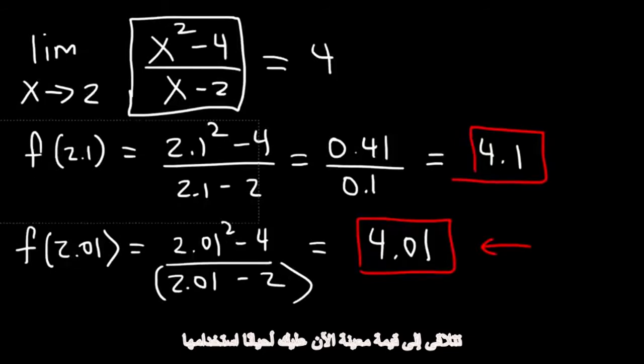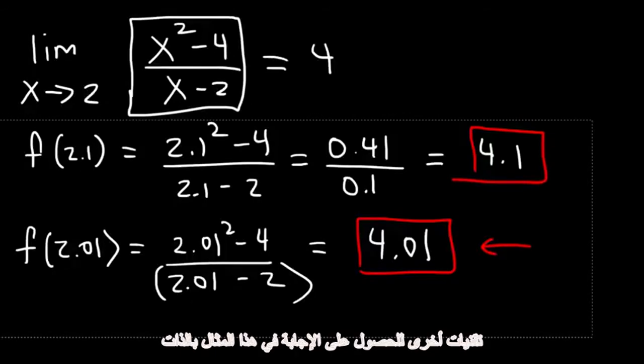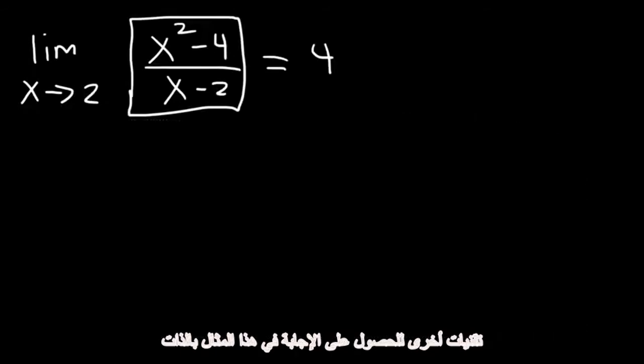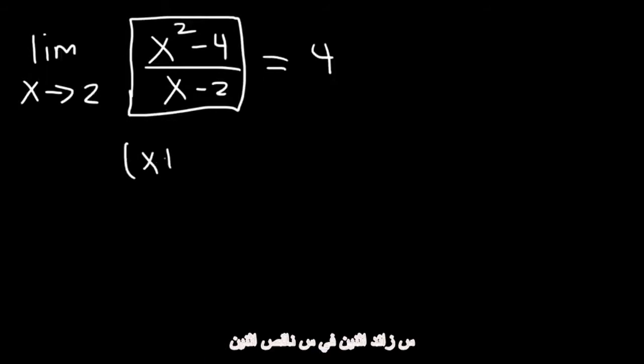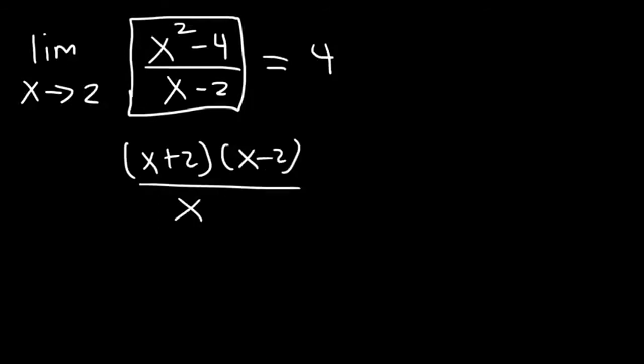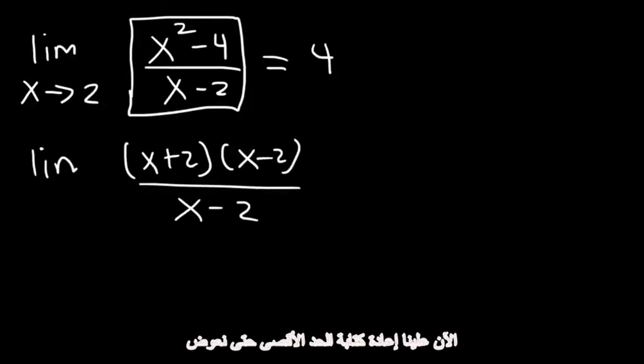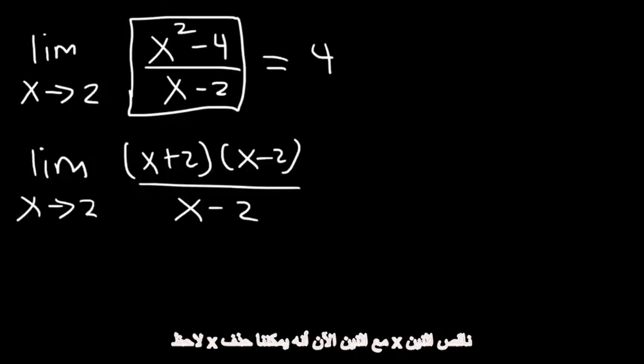Now sometimes you have to use other techniques to get the answer. In this particular example, we could factor. X squared minus 4, you can write it as x plus 2 times x minus 2. Now we need to rewrite the limit expression until we replace x with 2. Now notice that we can cancel x minus 2.